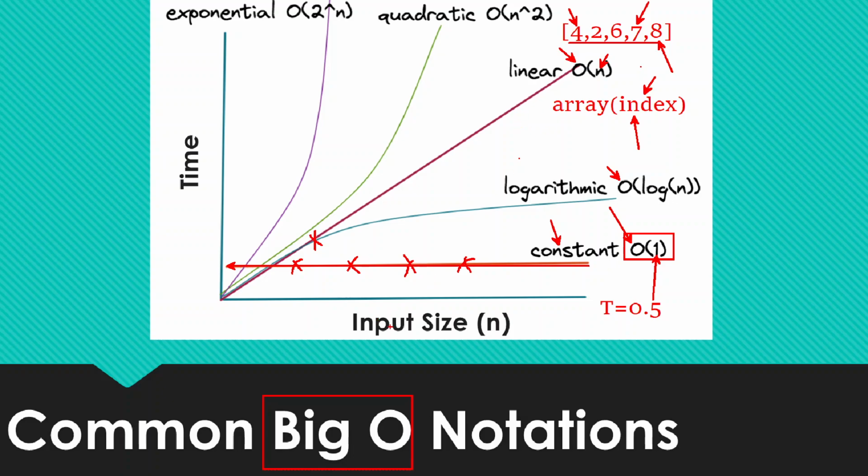Now, if we increase the size of the array from 5, let's say, to 10, of course it's going to take some more time to read it. If we increase it to 100, it's going to take some more time. If we take it to 1,000,000, it's going to take some more time. So if we draw that particular graph, it's going to be a linear graph.